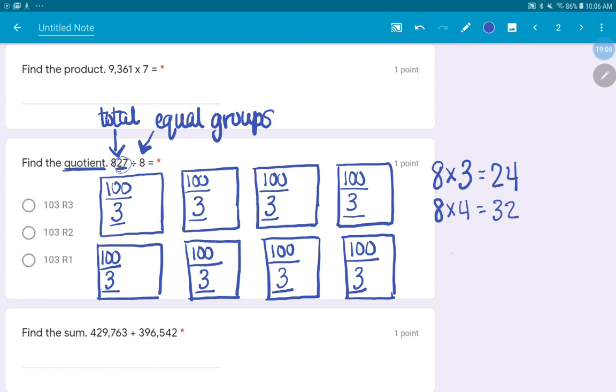So we've used 824 of these things that we have.